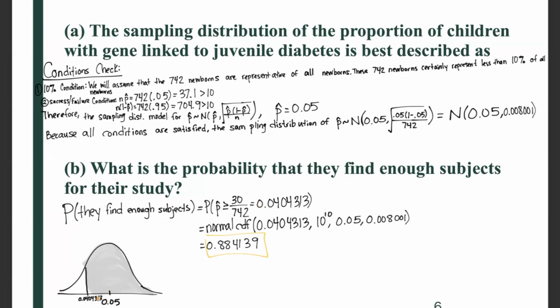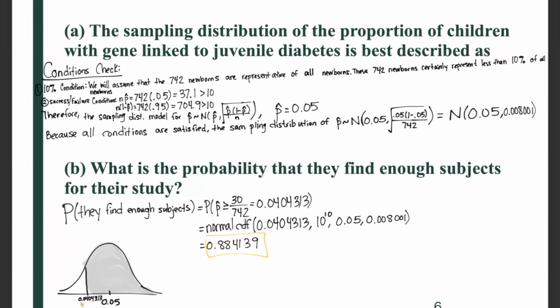0.0404313. If I put that on the number line, it's going to be somewhere here. We want to find the probability, or the area under the curve, from that value to the right, greater than that value. So we're going to do normal CDF, and this function goes from left to right.